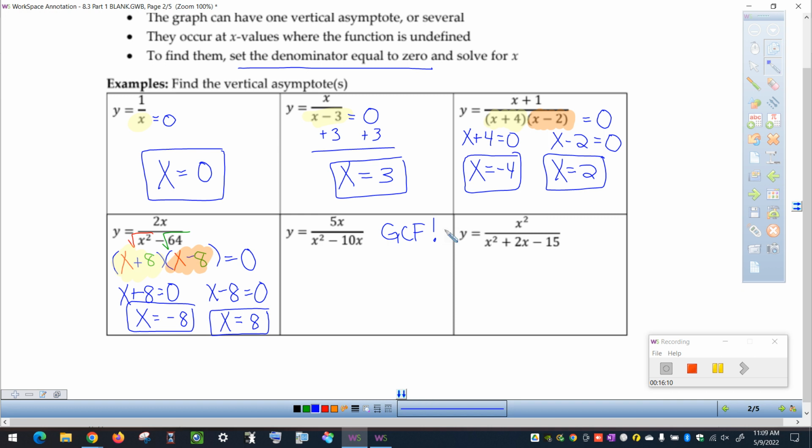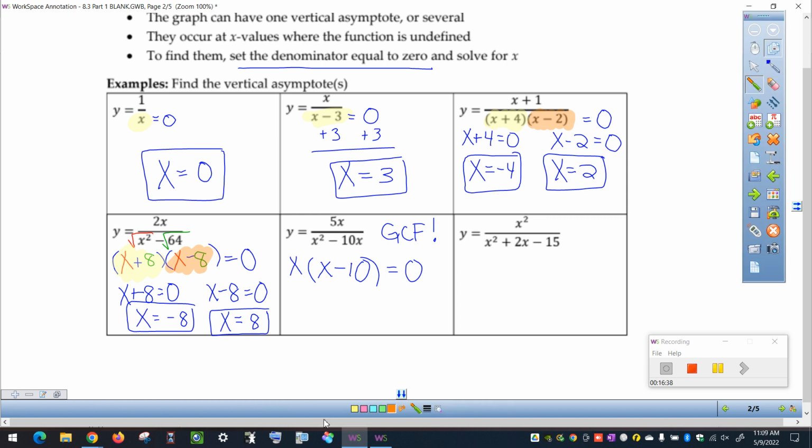So in other words, what is the biggest thing that both of our terms can be divided by? And in this case, it looks like the only thing they have in common here would just be a single x. And so if we divide an x out of each part, in parentheses here, that's just going to leave us with x minus 10.